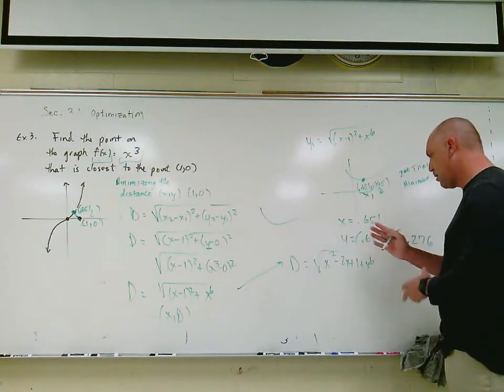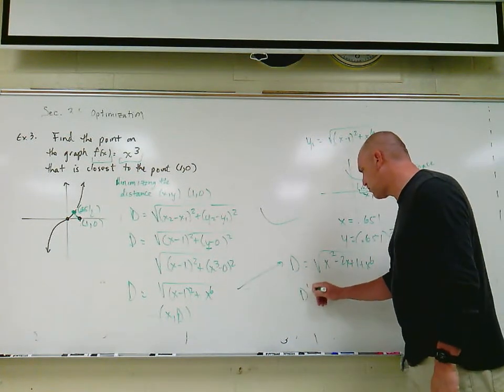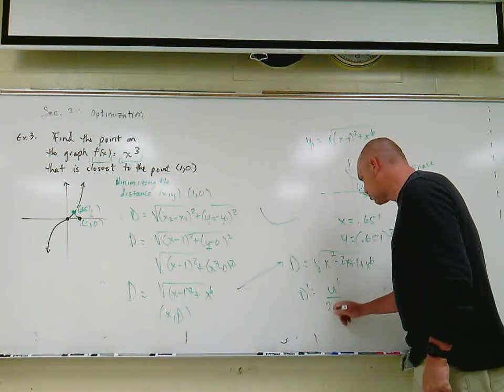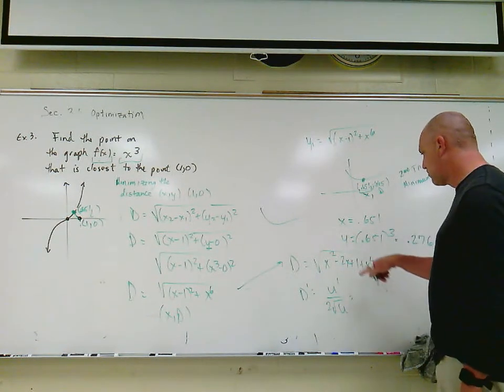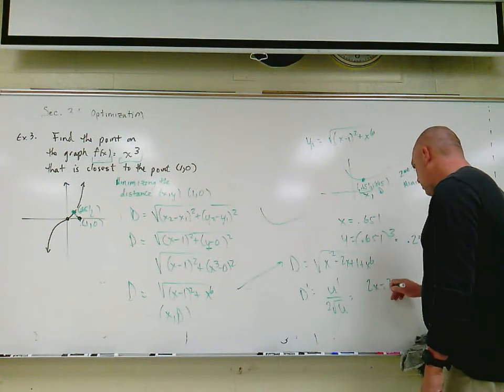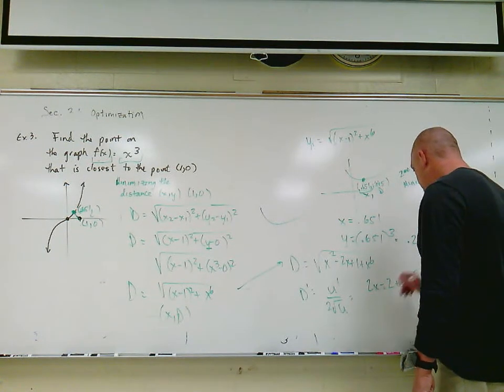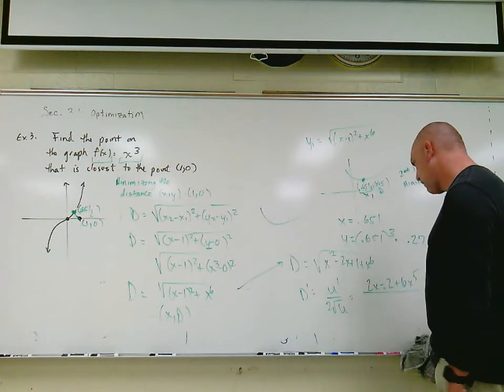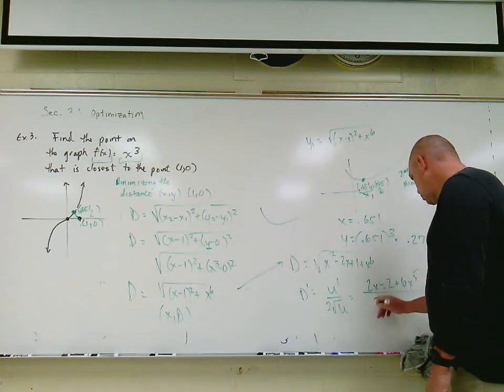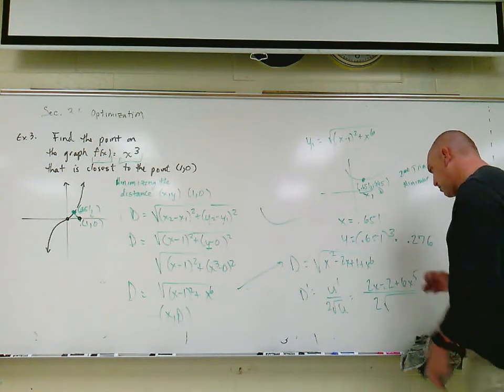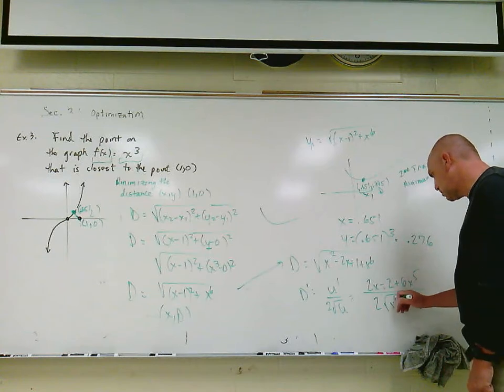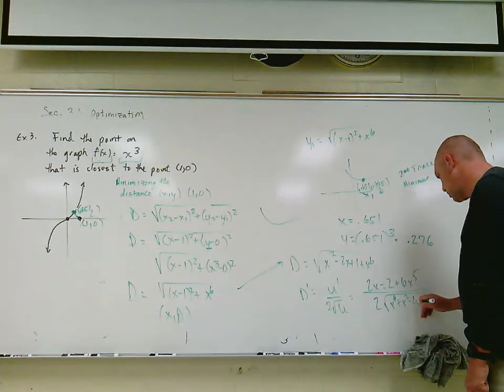And then, when I take the derivative, remember the derivative of a square root is u prime over 2 square root of u. So the derivative of the inside is 2x minus 2 plus 6x to the 5th, all over 2 square root of that thing.